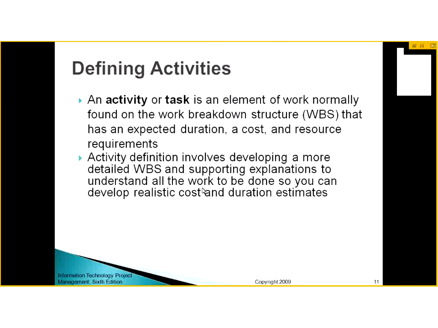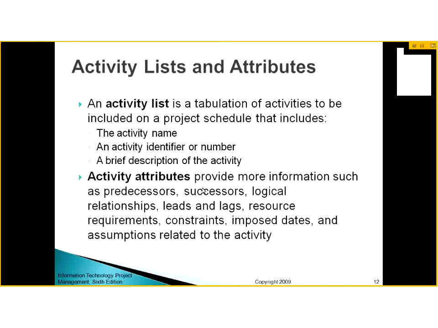Activity or task is an element of work normally found on the work breakdown structure that has an expected duration, cost, and resource requirements. And when you say you are defining an activity, it means you are making a detailed WBS, where you are writing every activity in detail. So in the activity list, you write activity name, its ID, and its brief description.